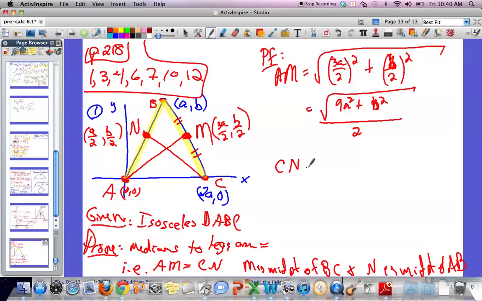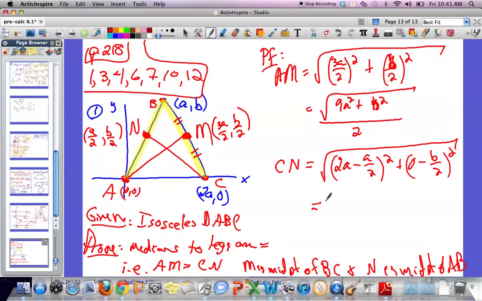So let's find out what CN is. CN is the square root of the change in your x's. So I'll do it this time. 2a minus a over 2, I'm going to square that, plus 0 minus b over 2, the quantity squared. What's 2a minus a over 2?